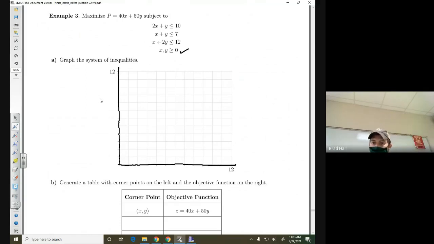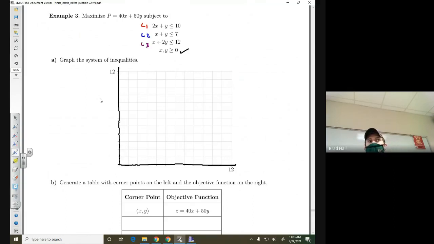So from here we need to graph the 3 inequalities. Again, I'll call these L1, L2, and now L3.